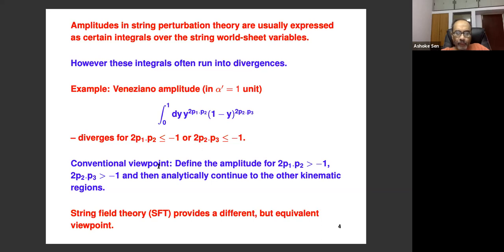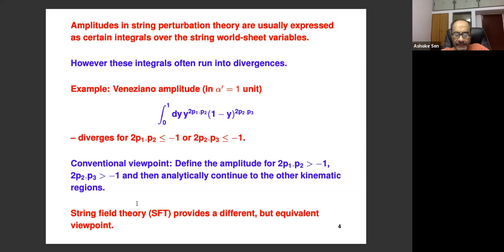The conventional viewpoint that one takes here is that we define the amplitude for the values of P1·P2 and P2·P3 for which this integral is well defined. That requires 2P1·P2 to be larger than -1 and 2P2·P3 to be larger than -1. And then we analytically continue this to other kinematic regions.